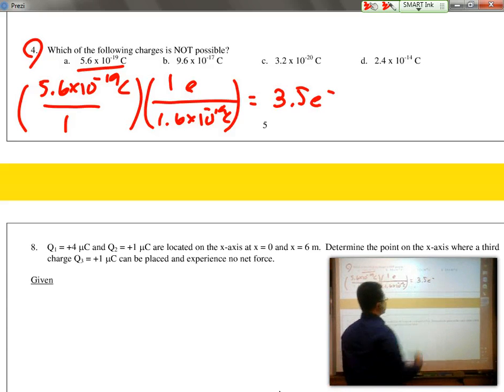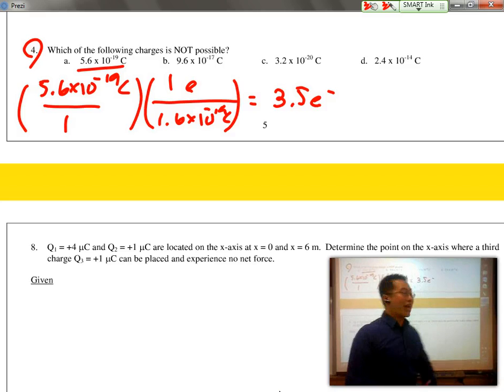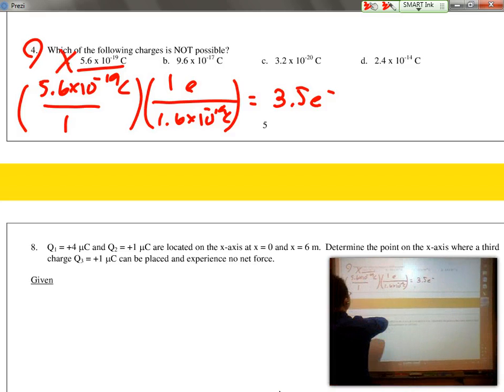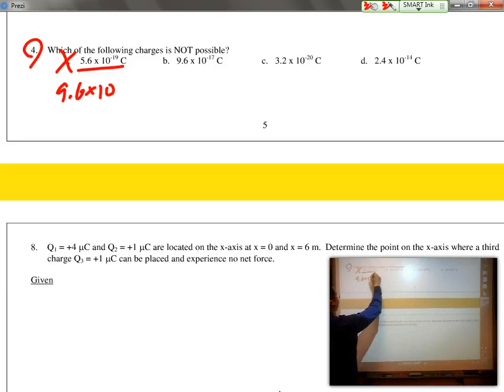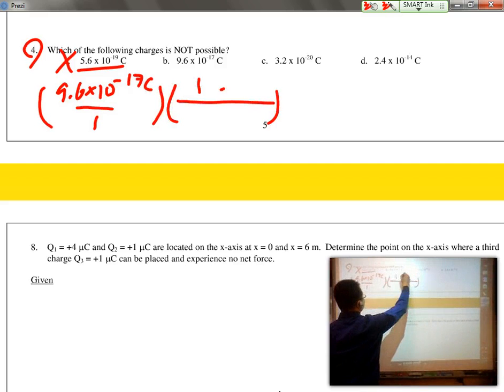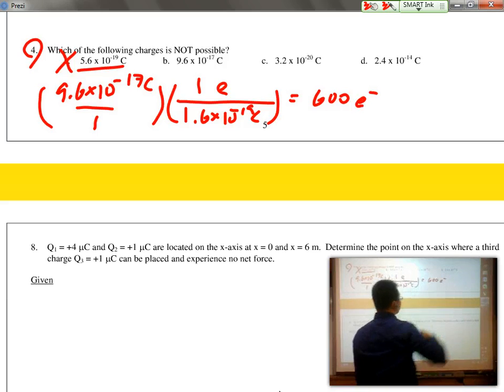which means that in the end I have 3.5 electrons. Now, is it possible, though, to have half an electron? And you would see, of course, the answer is no. So therefore, A is not possible. If you take a look at B, 9.6 times 10 to the negative 17, one electron is 1.6 times 10 to the negative 19 coulombs, and you end up with an answer of 600 electrons, which is a whole number.